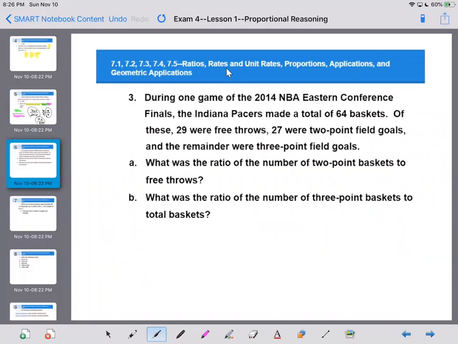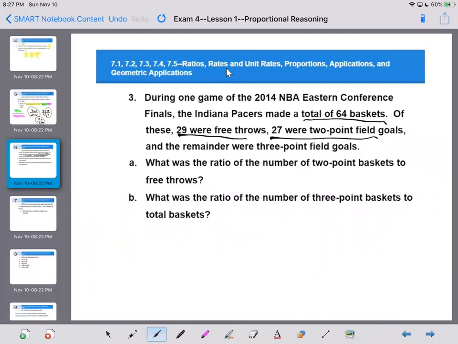In one game of a basketball series in the past, Indiana Pacers made a total of 64 baskets. Okay, so this is basketball. A bucket also, we say 64 buckets or baskets. 29 were free throws and 27 were 2-point field goals.